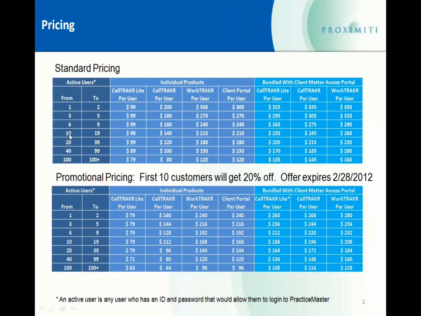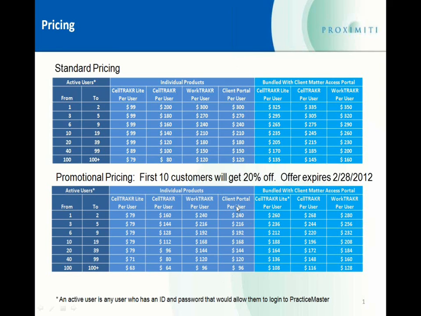So if you had a 10-user firm, you would pay approximately $2,100 per year, a little bit less than $200 a month, not only to have this capability, but also for all the hosting and all the bandwidth. You can have as many users or clients of yours logging into this. There's no limit to how many times they sign in and look at reports or anything like that. It's simply per active user in Practice Master.